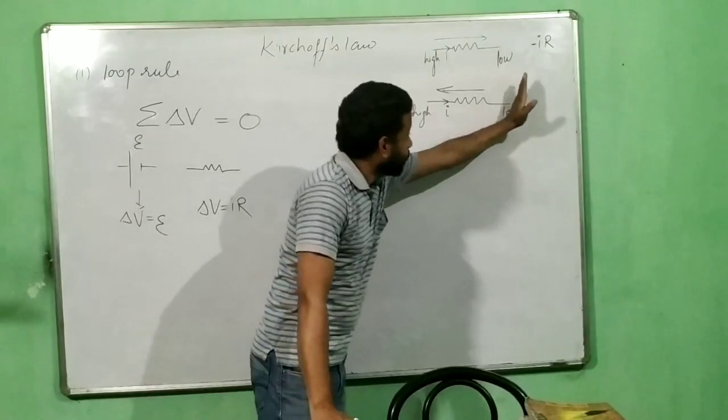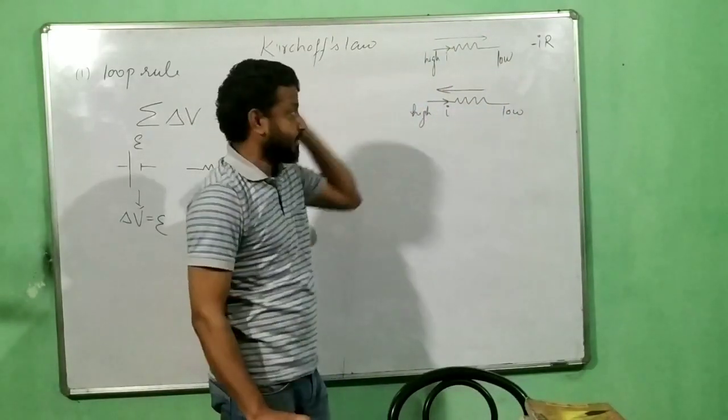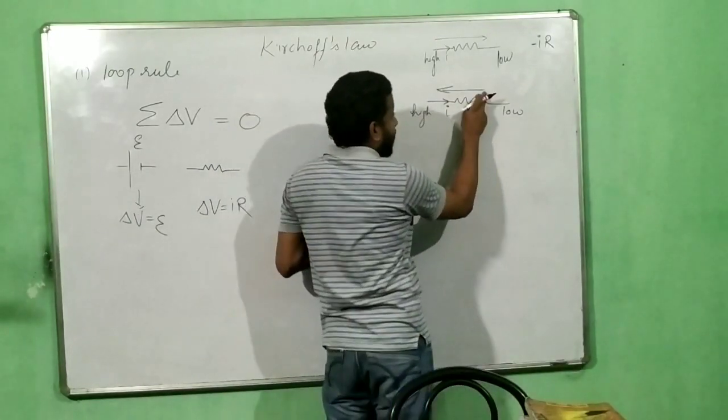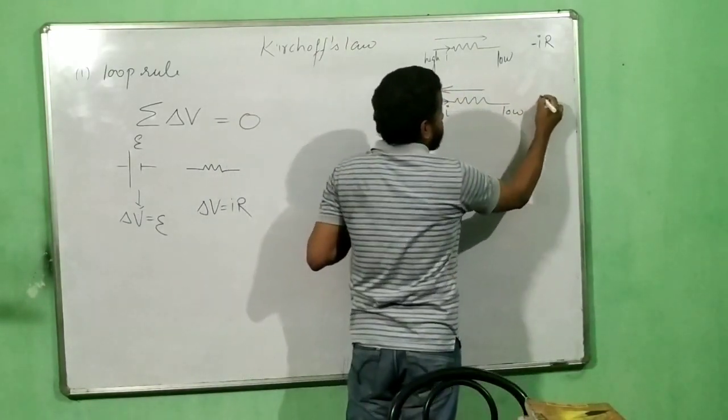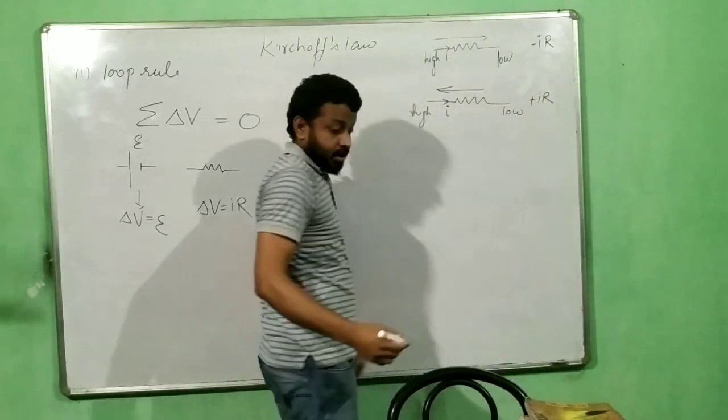So when you move from low to high, you are going against the potential difference. So when you move against the current, in that case, you will write IR as positive IR.